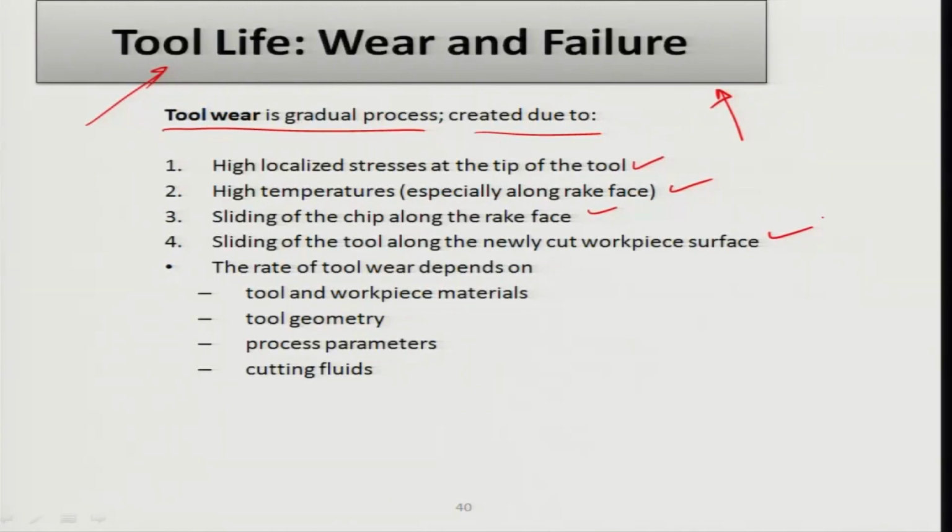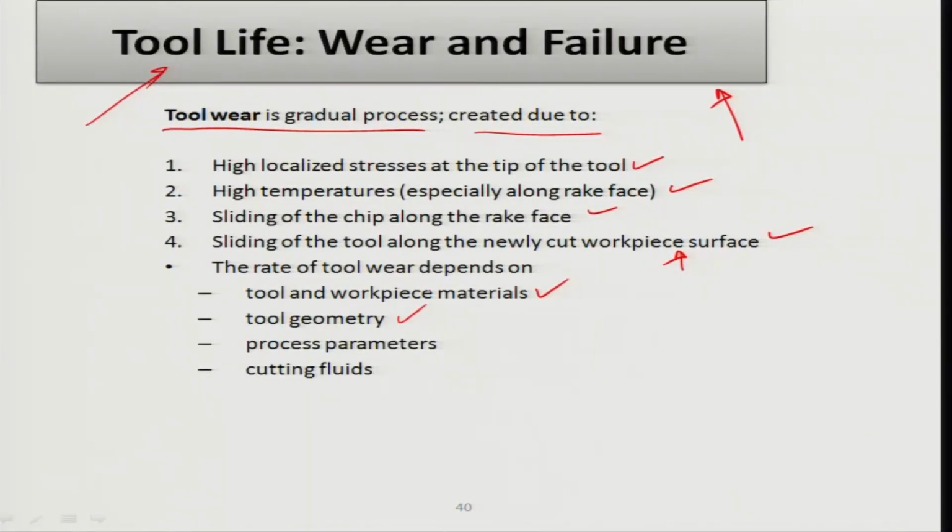This normally happens in tools which have worn out, where the sharpness level has decreased, and this is called flank face wear, which one has to avoid because it results in a bad surface finish, and that should generally be avoided in the machining process.